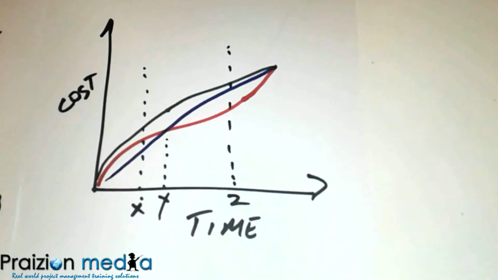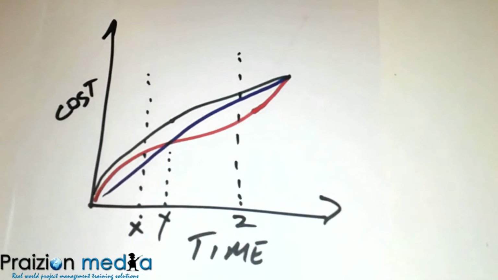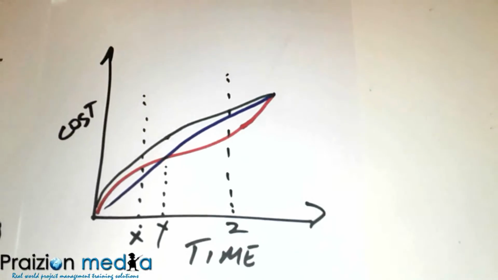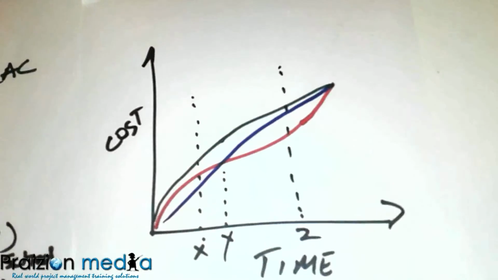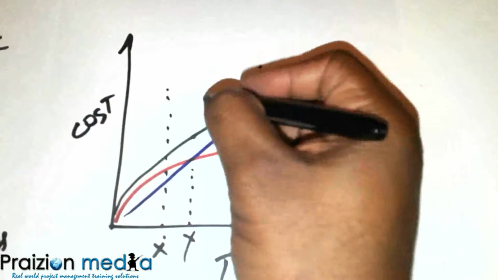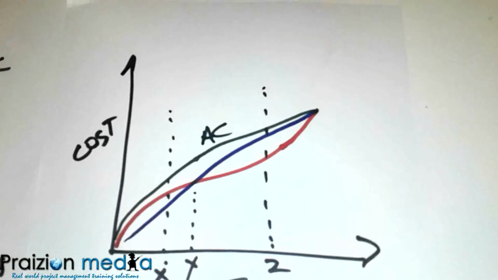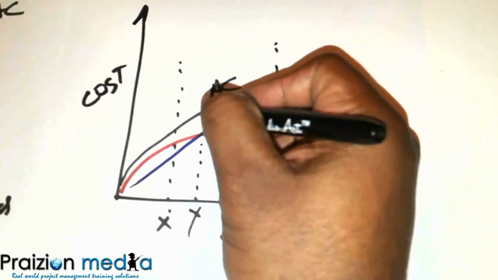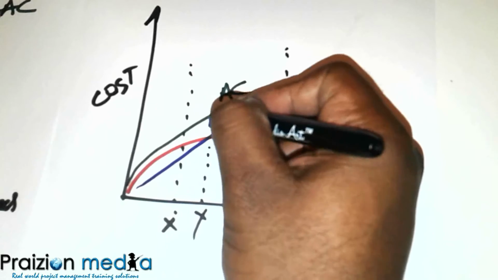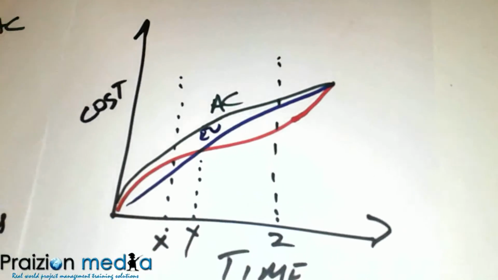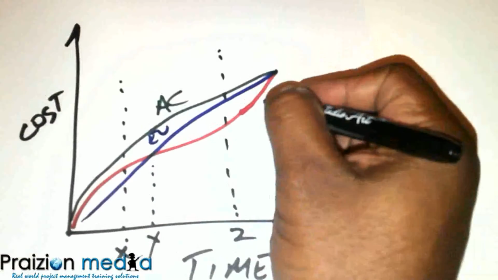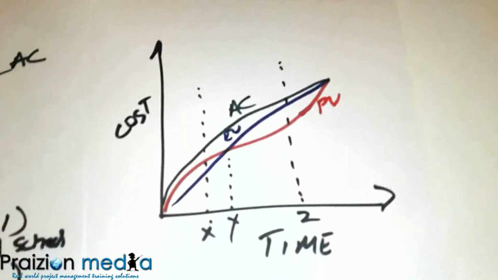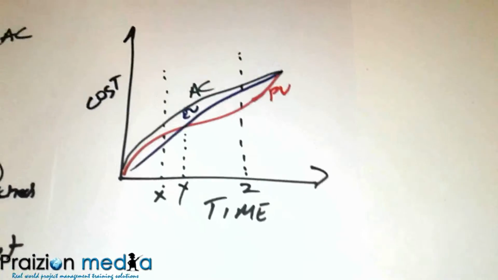what can you say about the project at point X? What can you say about it at point Y? And what can you say about it at point Z? I'll color these in or write the actual terms to remind you. Earned value is blue and planned value is red. So what can you say about it at point X?